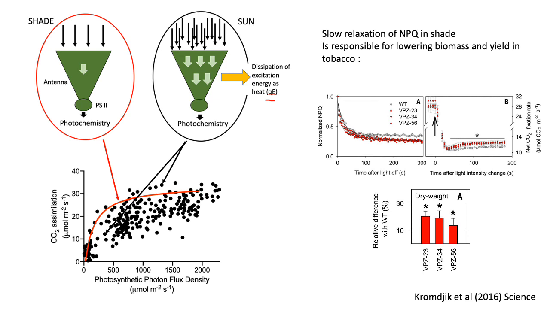And a high-profile paper in Science by Kromdijk et al. showed that by manipulating the relaxation of NPQ as it goes back from high NPQ levels to low NPQ levels under low light, you affect CO2 assimilation rate in those conditions. And they were able to show that in the field, CO2 assimilation rate during high light to low light transients was enough to be linked to productivity over long timescales. So the response to dynamic light conditions seems to be suboptimal.